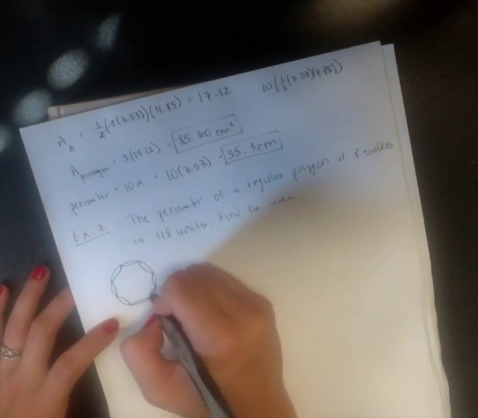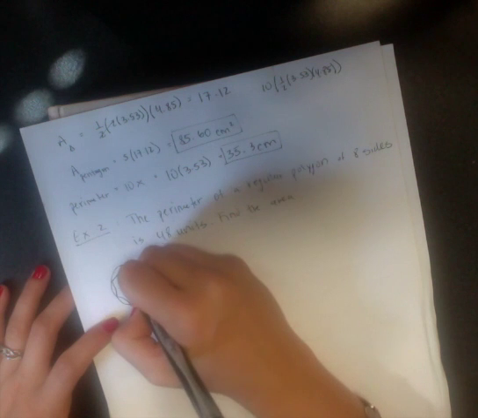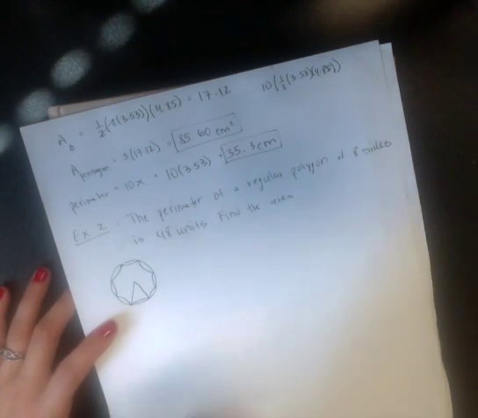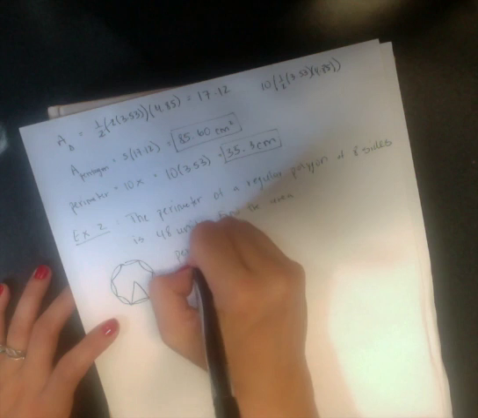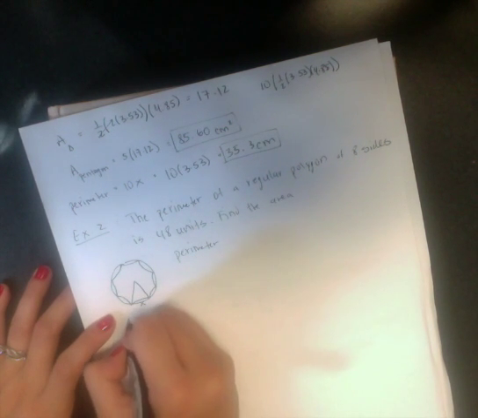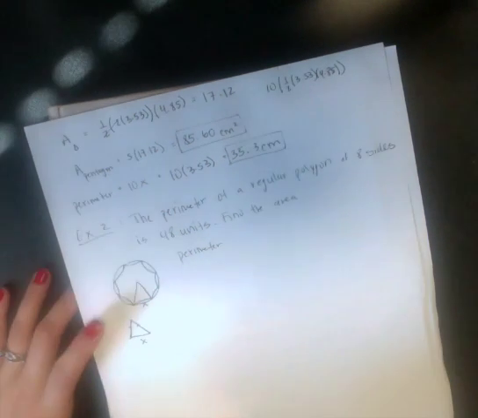1, 2, 3, 4, 5, 6, 7, 8. Yeah. And I'm just going to draw one of my triangles. Okay. You can draw all of them. And I know that my perimeter, I'm going to again call this X. So if I draw this triangle out here, X, I know that those two sides are equal.